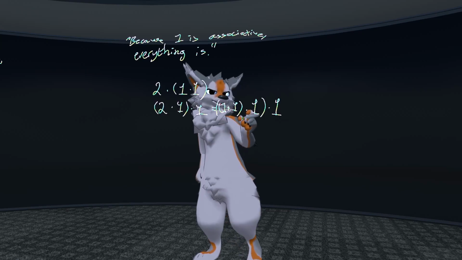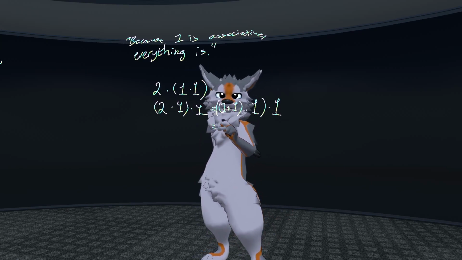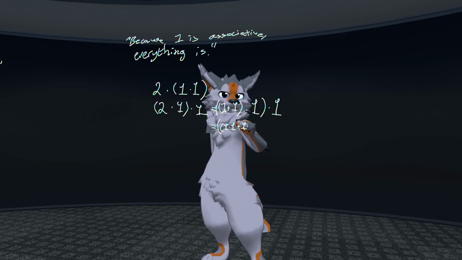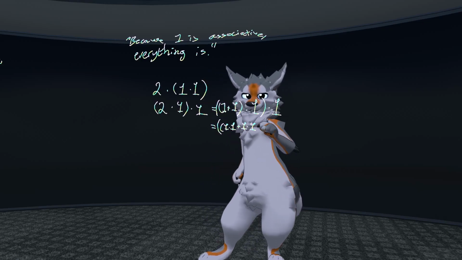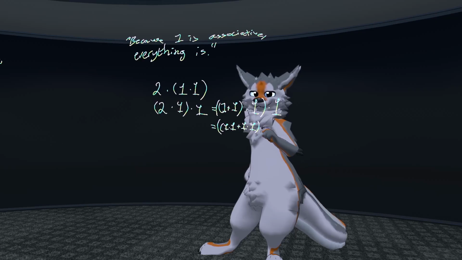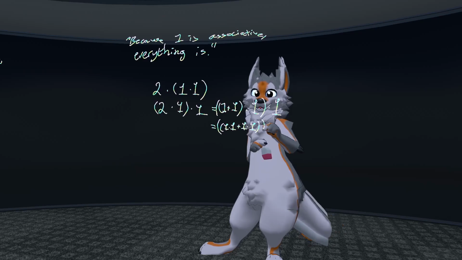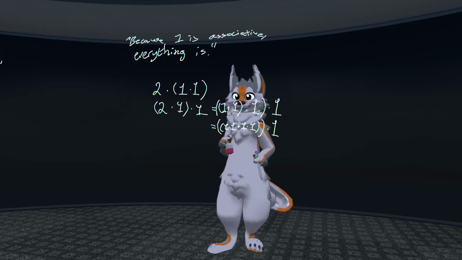Okay, now according to distributivity, we can distribute this 1, right? So we get 1 times 1 plus 1 times 1, and then that's going to be modified on the right by 1.